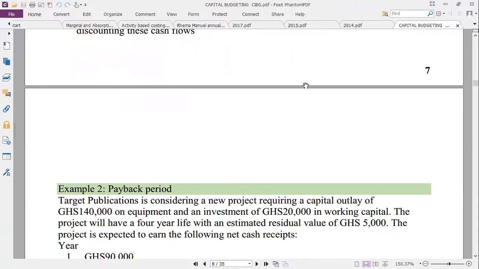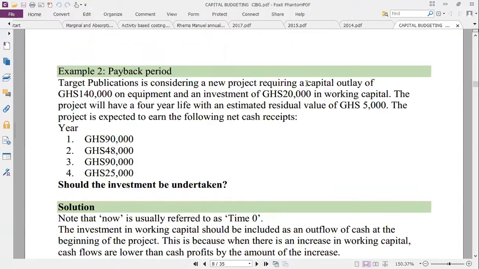Okay, I have example 2 here, payback. The company is considering a new project requiring a capital outlay of 140,000 on equipment and an investment of 20,000 working capital. The project will have a 4-year life with an estimated residual value of 5,000.